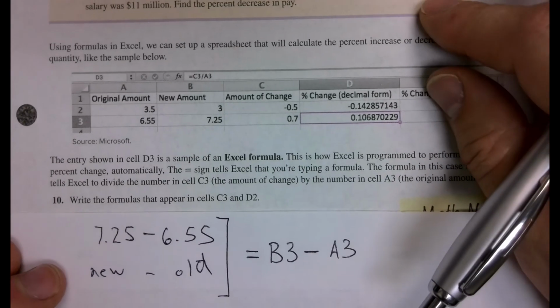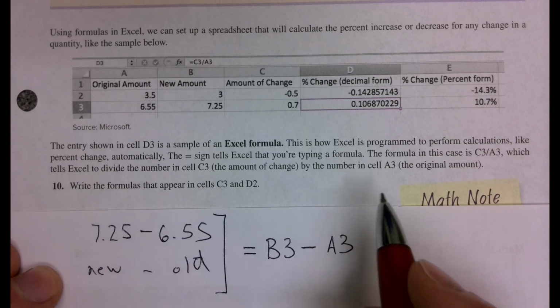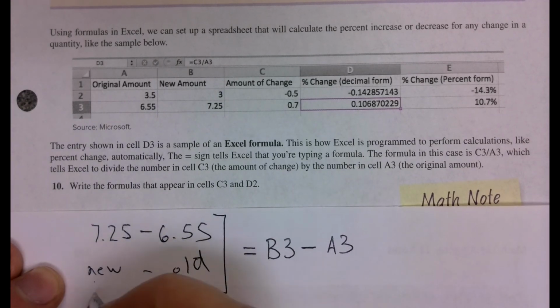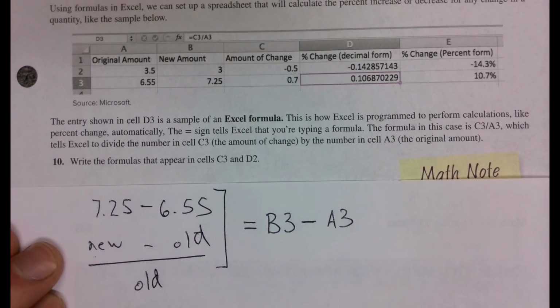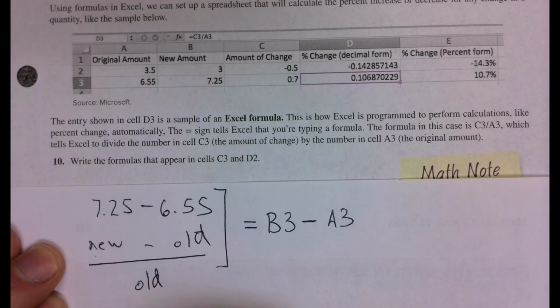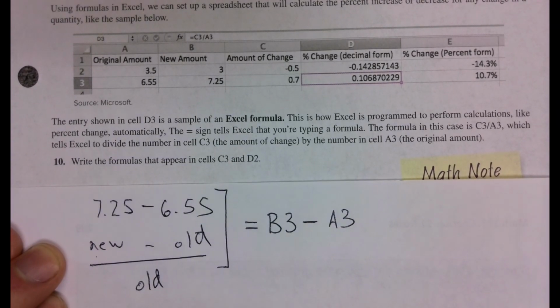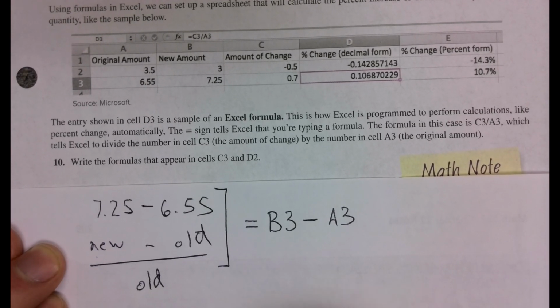Well, then in cell D2, we've now got that decimal. So if you remember what happens, we do new minus old divided by old. So in this case, we would have done this calculation, which got us that 0.7. That's the value in C2. And then we would have divided that by 6.55. So for Excel, the formula we would use is we would hit the equal sign.